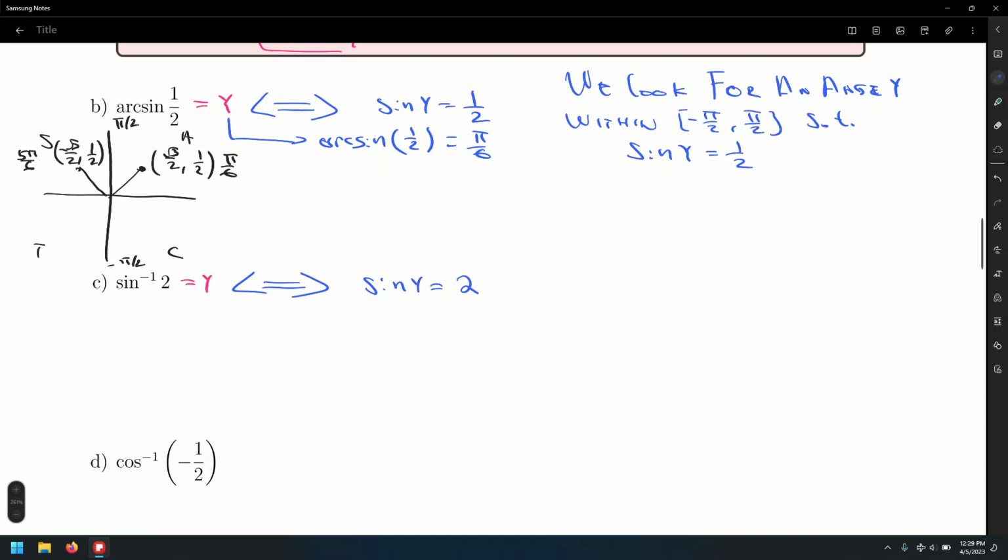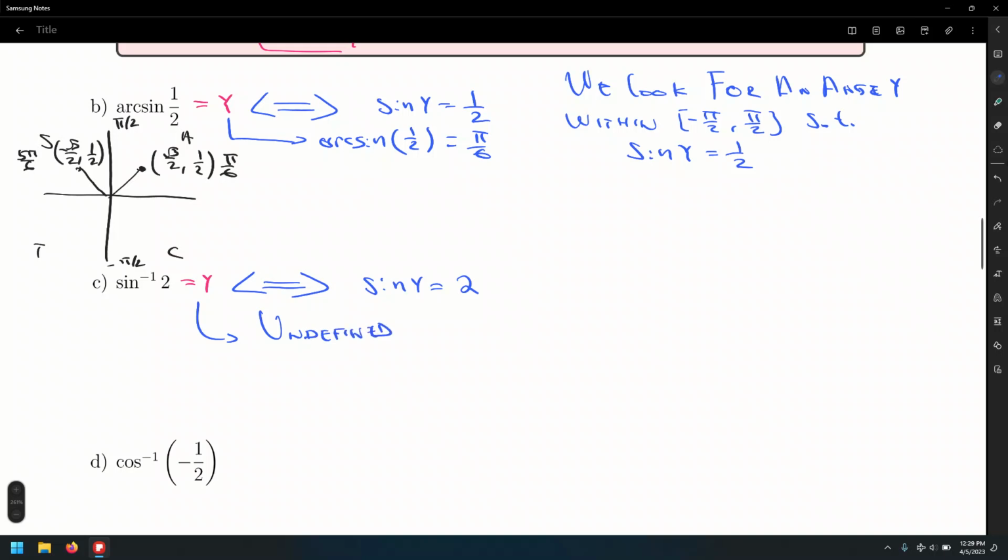So the question is, what angle has a sine equal to 2? None of them? There are no angles? Yeah, you guys are right. Those of you who are saying no, it's true. This is unfortunately undefined.